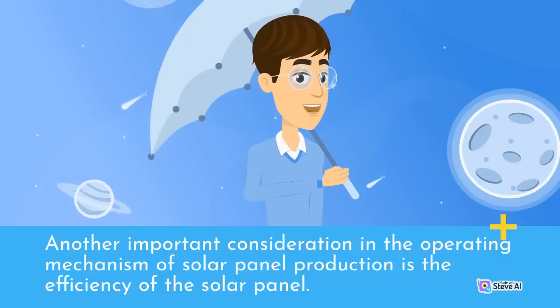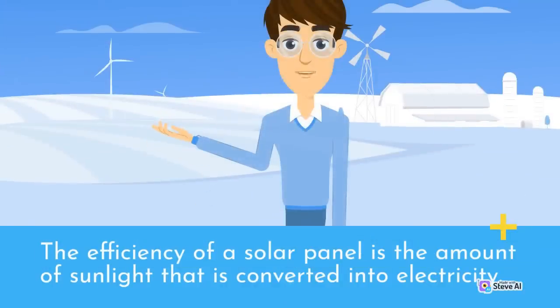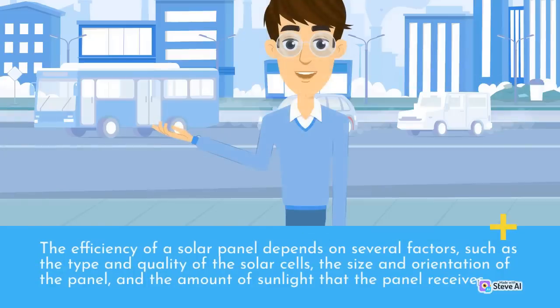Another important consideration in the operating mechanism of solar panel production is the efficiency of the solar panel. The efficiency of a solar panel is the amount of sunlight that is converted into electricity. The efficiency depends on several factors, such as the type and quality of the solar cells, the size and orientation of the panel, and the amount of sunlight that the panel receives.